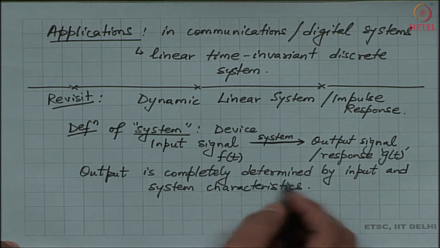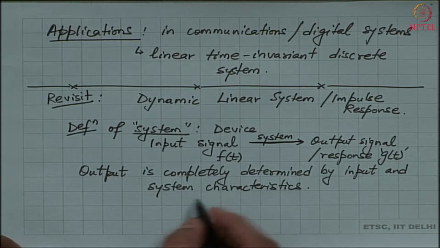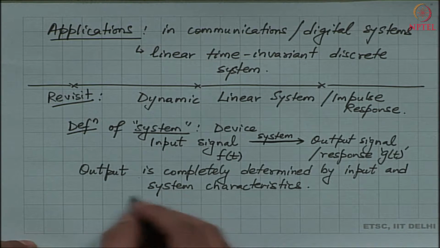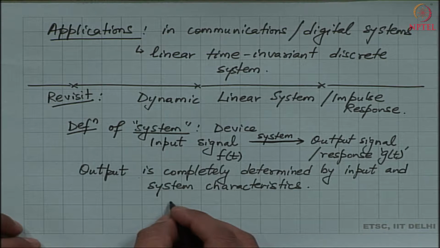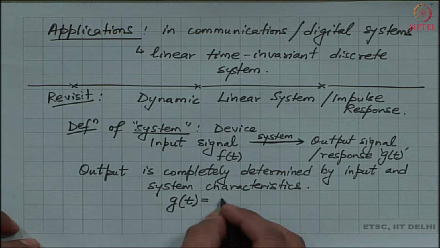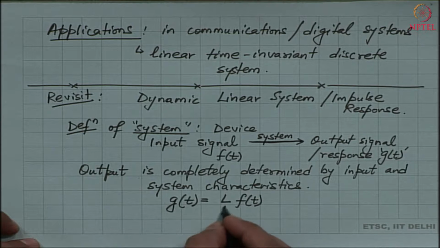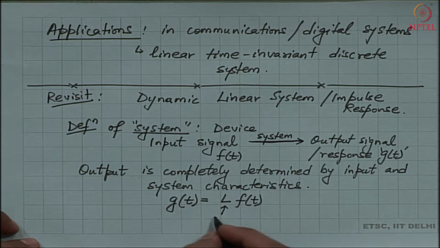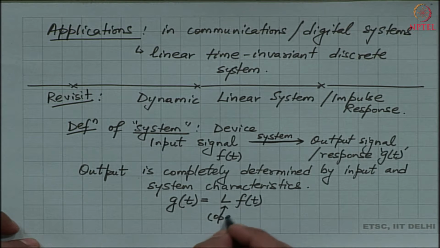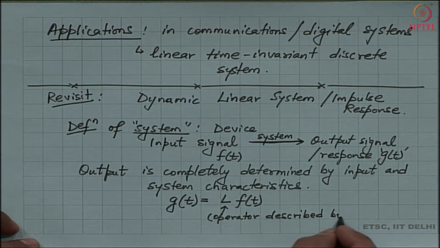In terms of math notation, I say that my output g of t is equal to L times the input, where L is an operator which is described by the system.